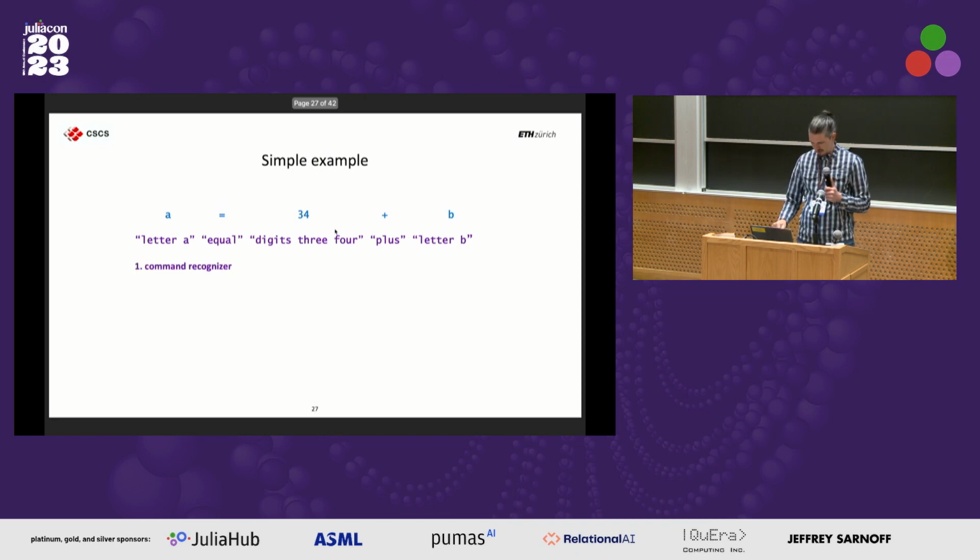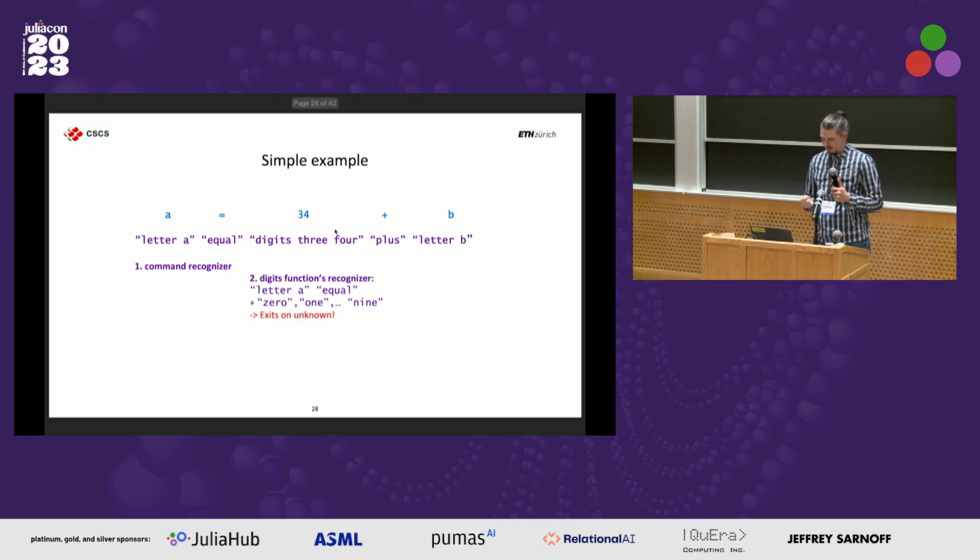Now, what happens behind the scenes? At first, you have a basic command recognizer, which will deal with letter A until equal. And then afterwards, digits is actually a function, as we can create a function for anything, which will just understand 0 to 9.